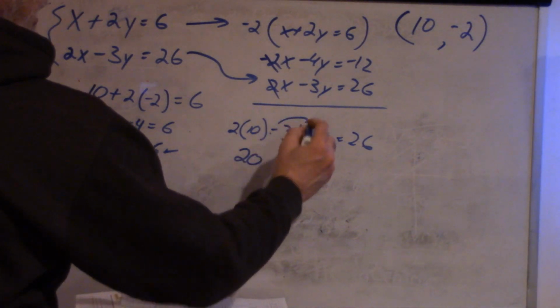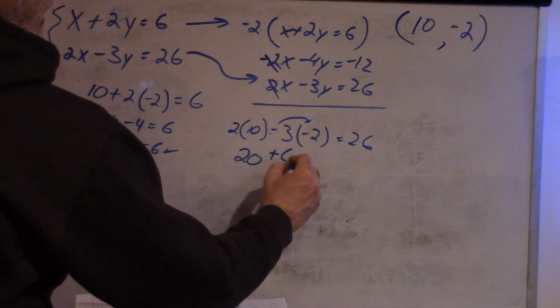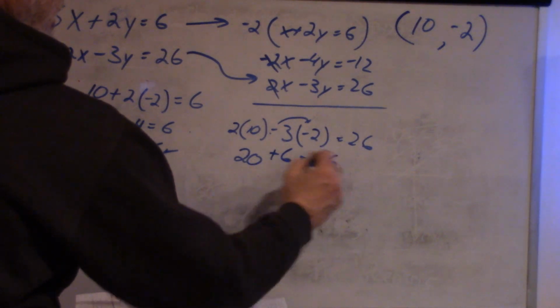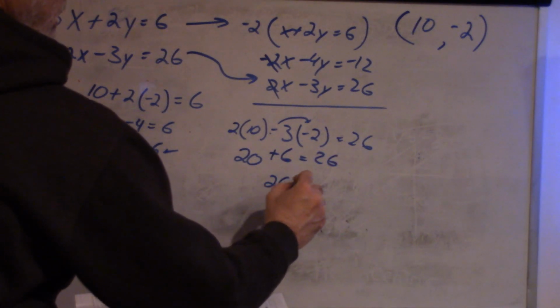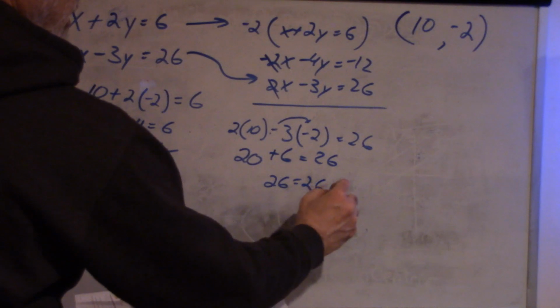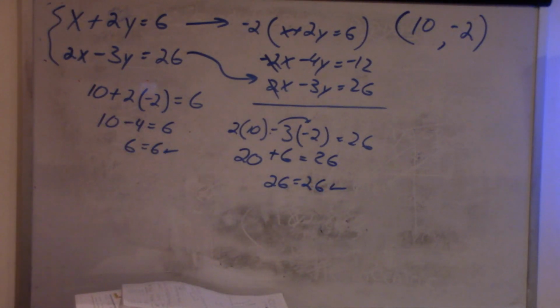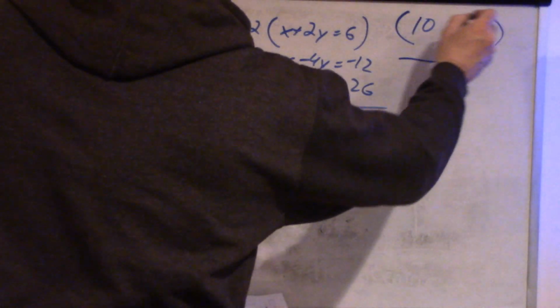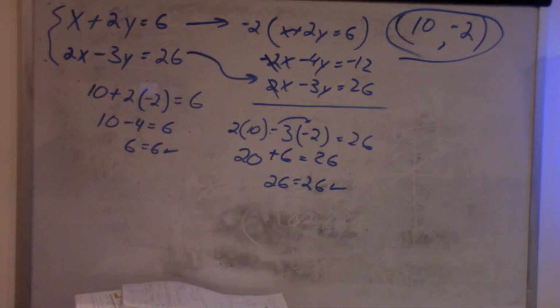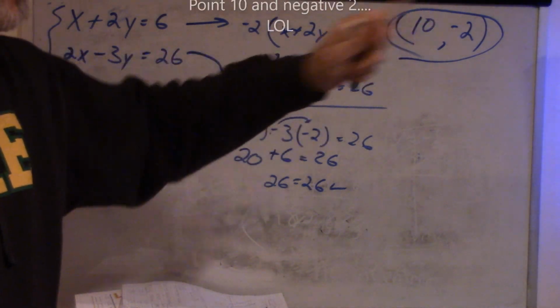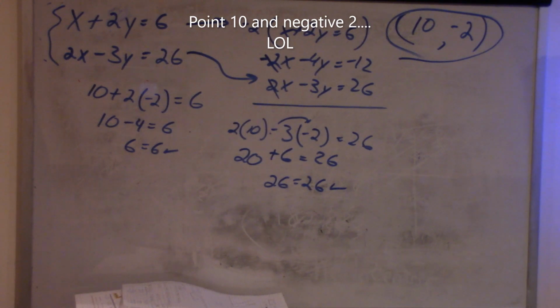Negative 3 times negative 2 is positive 6. 20 plus 6 is 26. 26 equals 26. It's true, so we know that for this system of equations, if we graphed both of these equations on a graph, the place where they would intersect would be at the point 10, negative 2. That's where they intersect.